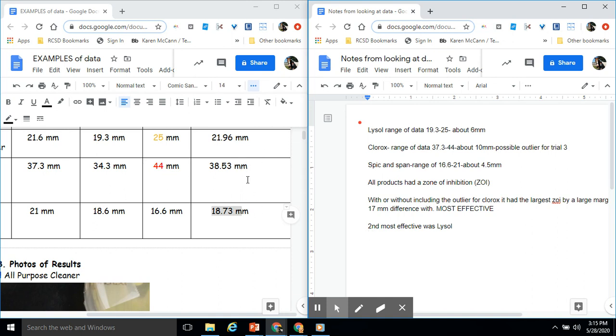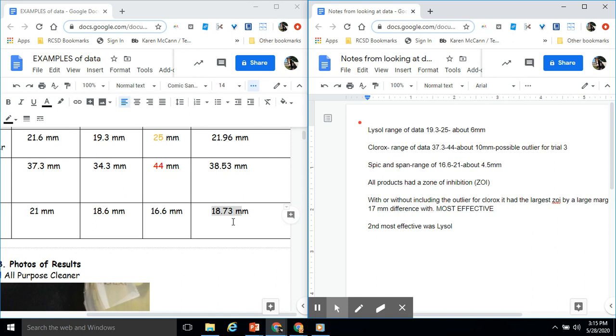It's going to be a little tricky though, because some of you might have a difference of only 1 millimeter between two different products. 1 millimeter or something close to it is not a substantial difference between numbers.